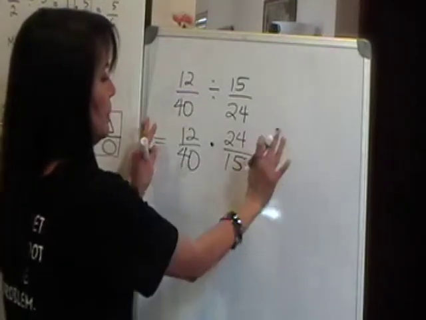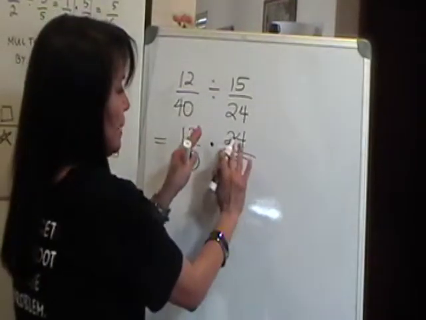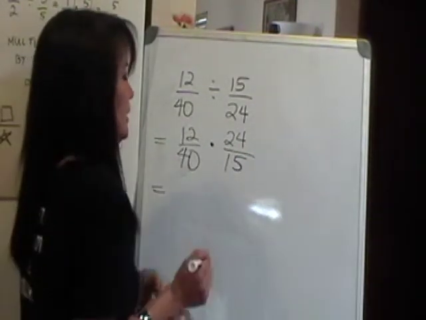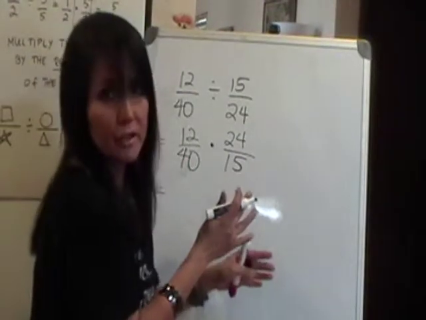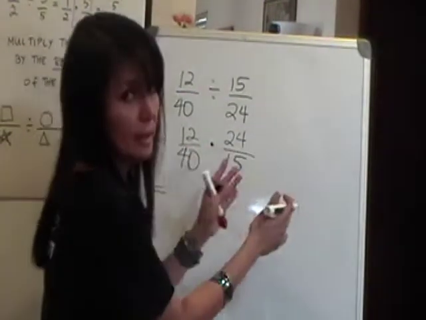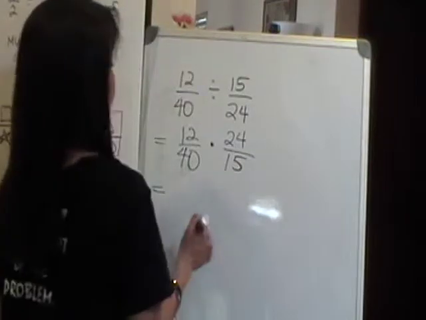Now we know that for multiplication, we just bring these two together, and we've seen this earlier. Because these are pretty fat fractions, we should break the numbers down and chop all the common factors.